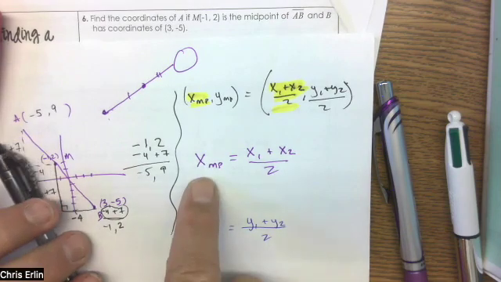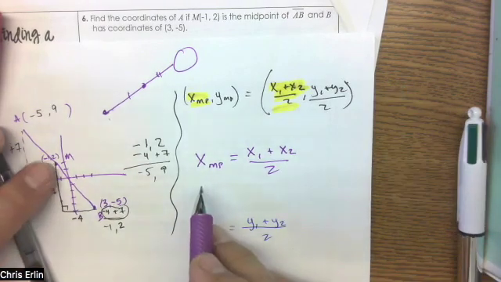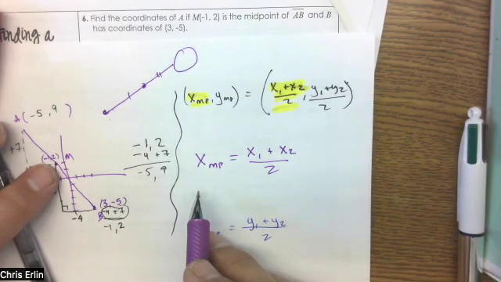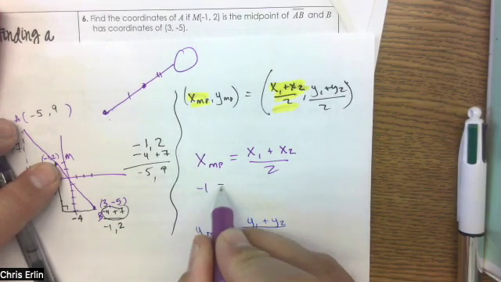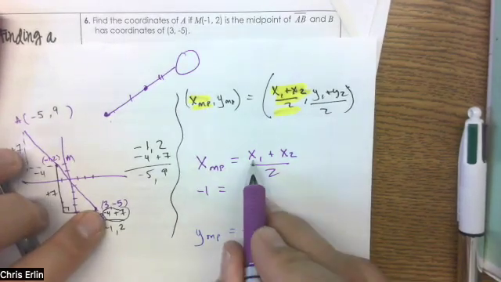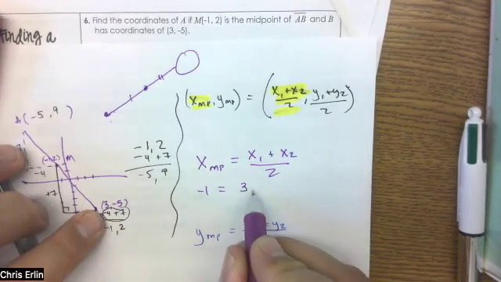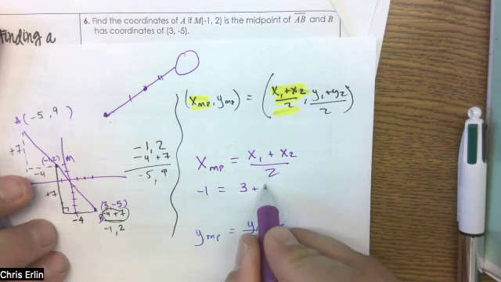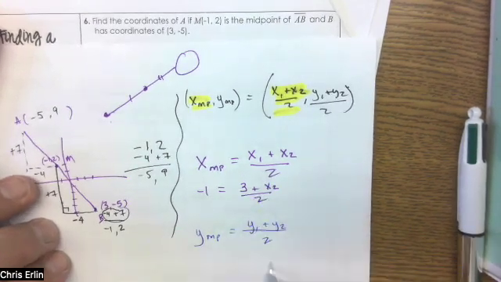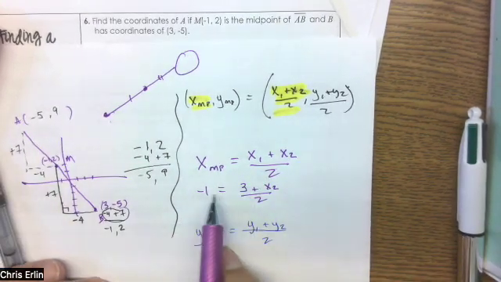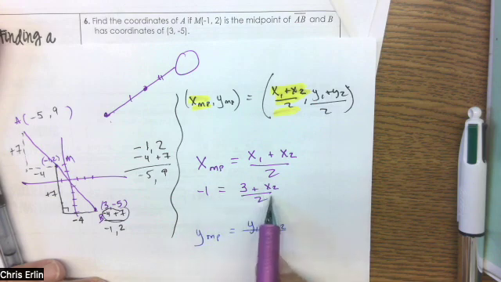Having done that, for this problem, do we know the x of the midpoint? -1. We're given x1 of 3, and we don't know x2. So I've got a little algebraic equation. How do I get rid of this dividing by 2 thing?